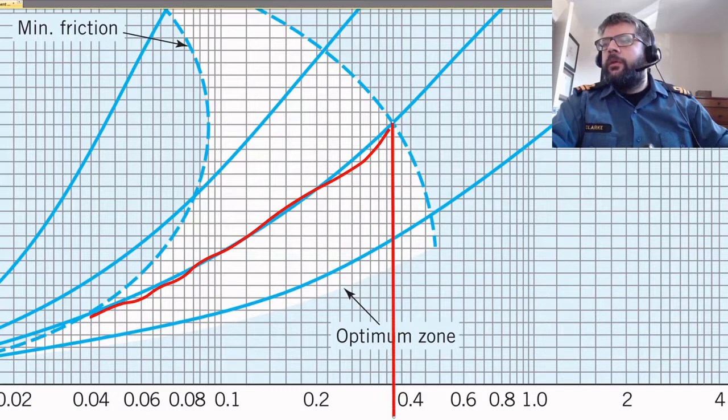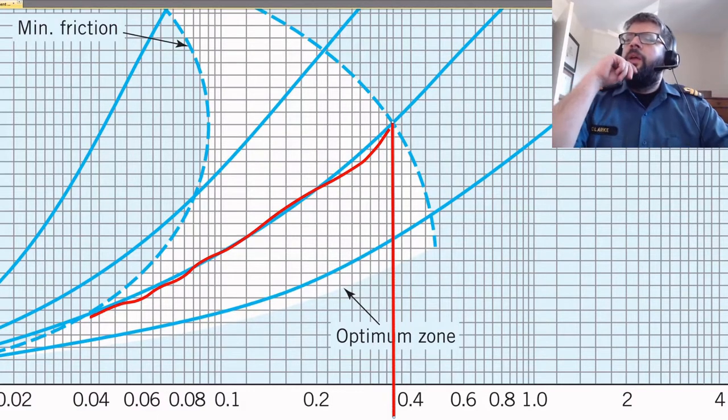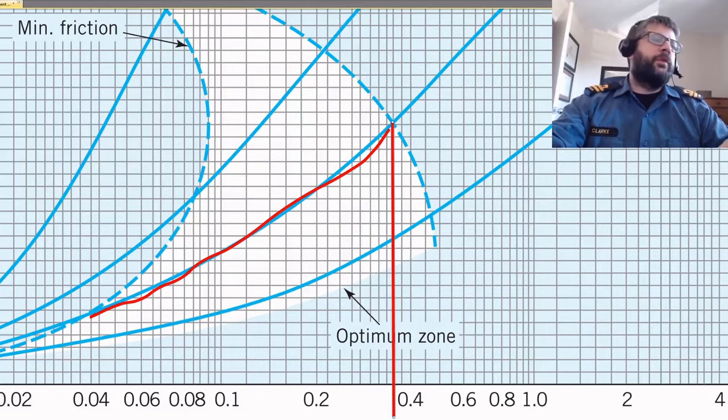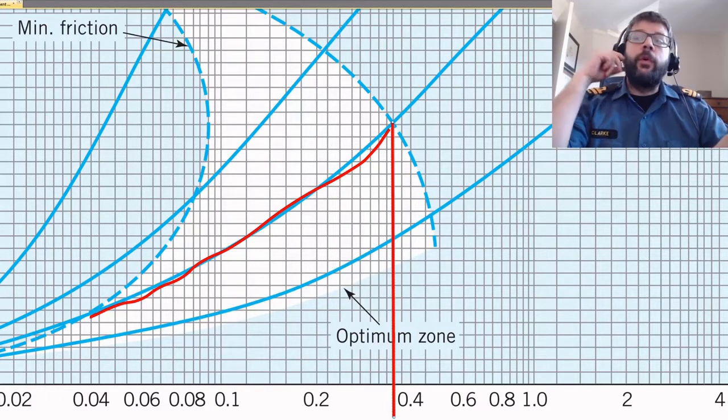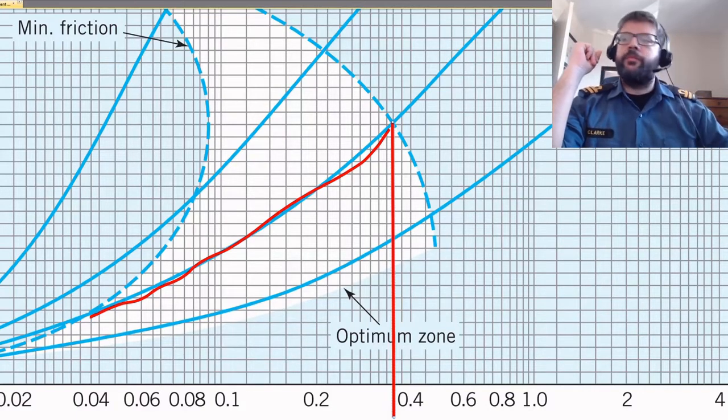So 1, 2, 3, 4, 5, 6, 7, 8. Yeah, so that'll be okay. So 10 divisions between 0.2 and 0.4, so we're looking at 0.36 there.